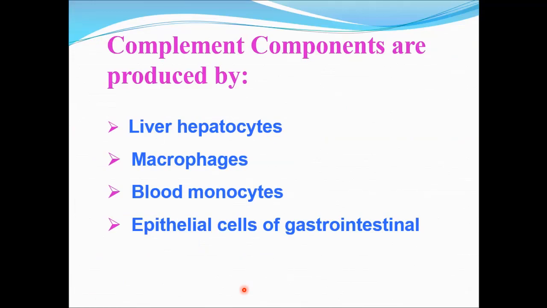Complement components are produced by different cells in our body. For example, the main producers of complement components are hepatocytes, and also macrophages and monocytes in the blood, and epithelial cells of the gastrointestinal tract and other mucous membranes can produce complement proteins or components.